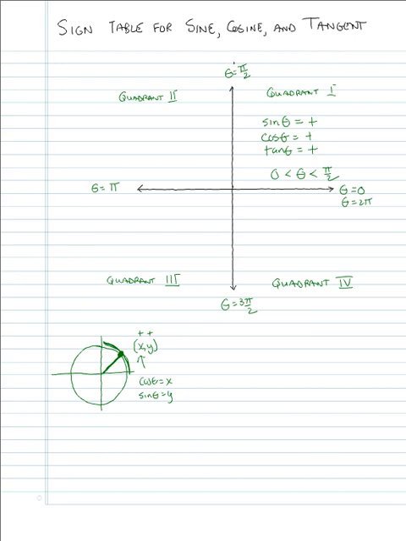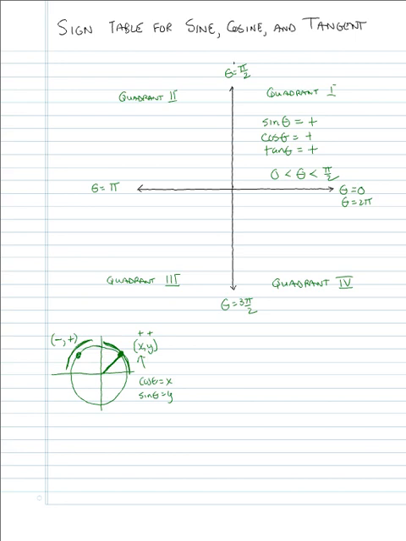Okay. Now, in quadrant 2, if we have a point on the unit circle where we're left with our angle, the first coordinate is going to be negative and the second coordinate is going to be positive, isn't it? Because we're going to the left, we're going up.